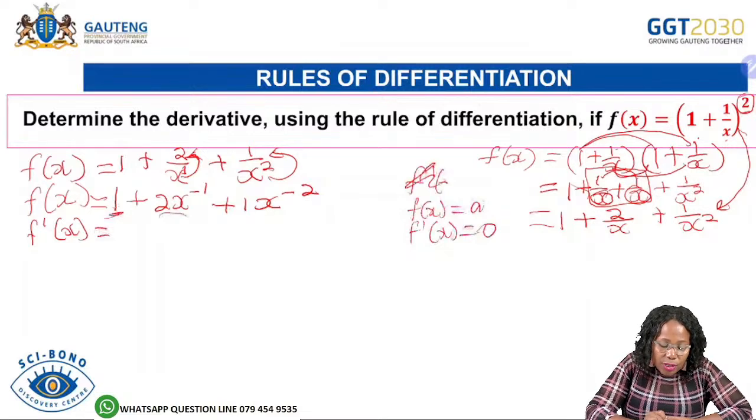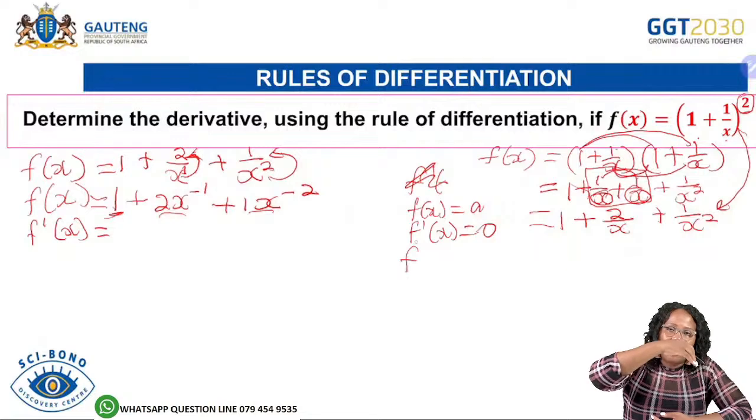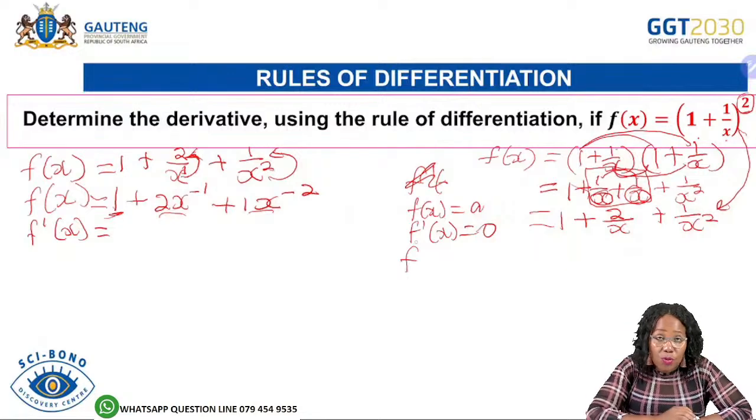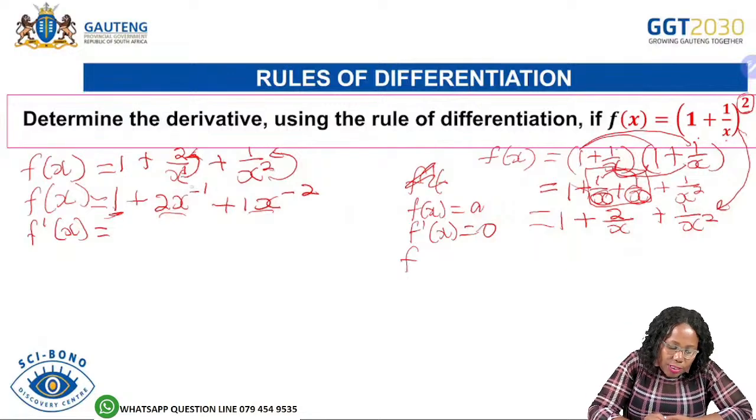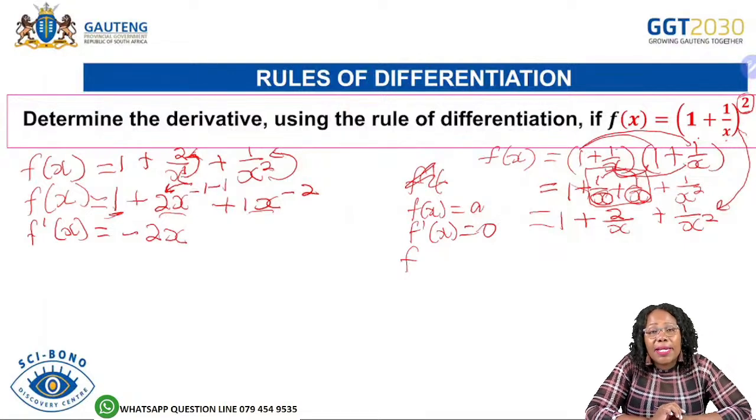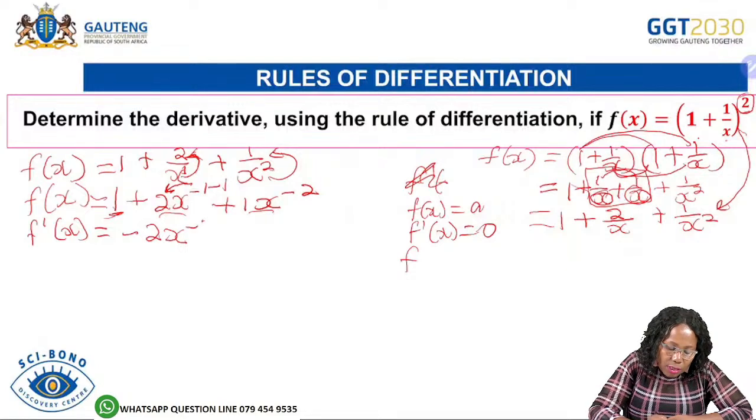Then this 2 is the one that is applying the last rule, which says that coefficient multiplied by exponent, and then you subtract 1 from the exponent. So it's minus 1 times 2, which is minus 2x. From the exponent, you subtract 1. It's minus 1 minus 1, which is minus 2.